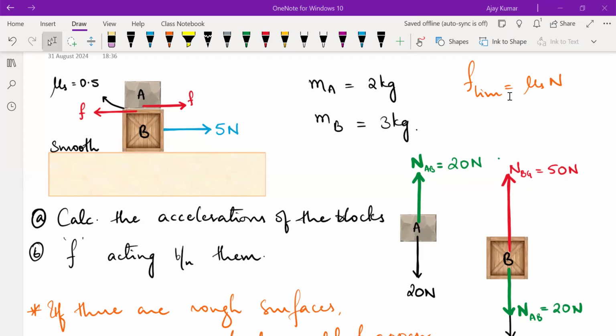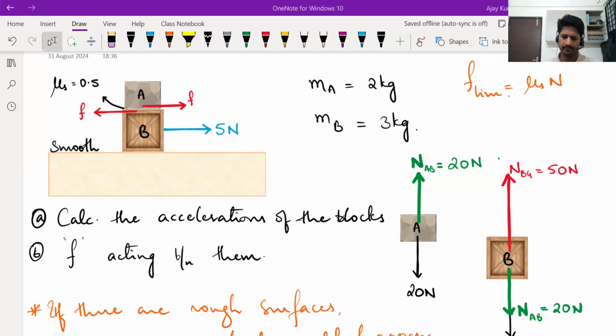Or if you are not able to tell me, why are you not able to tell, or why it cannot be calculated directly. Sir, you mean the friction acting between A and B, right? Yes. 1 Newton, sir. Vanilla, how could you say it is 1 Newton? It's 0.5 into 20.